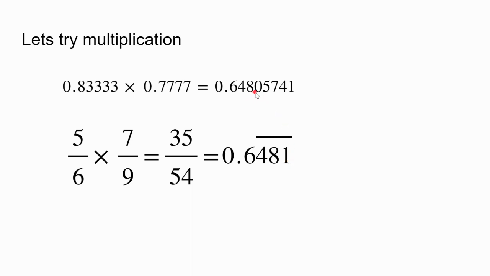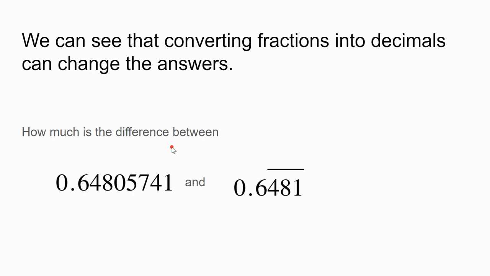So here I have 480. If I rounded, this would be 481. So it's really close, but still not the same number, because these two multiplying gives me this terminating decimal here. These two multiplying gives me a repeating decimal. So when we're converting fractions into decimals, we get a different answer.